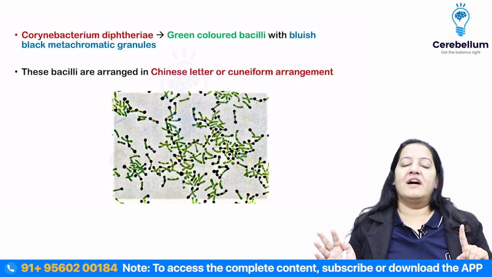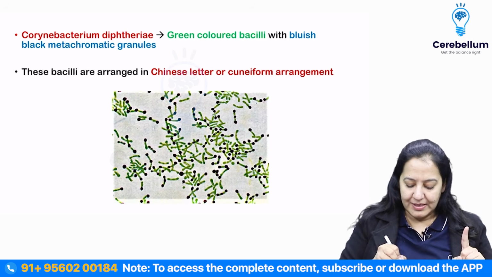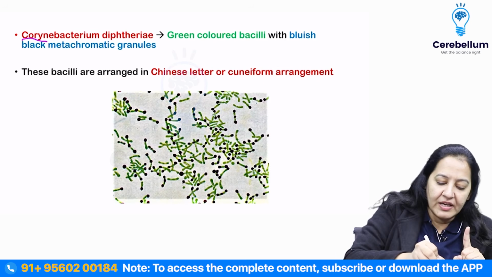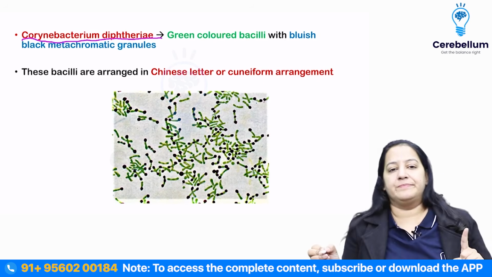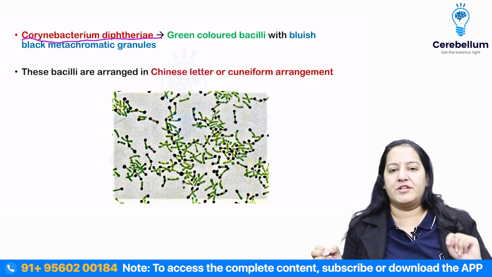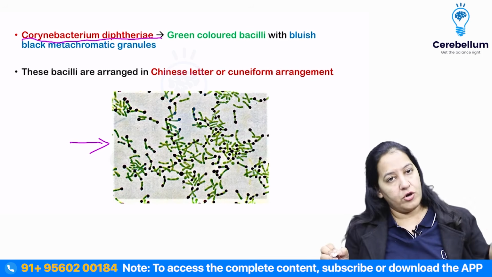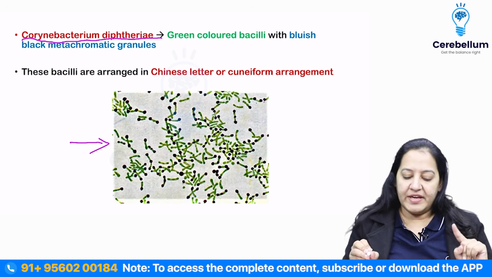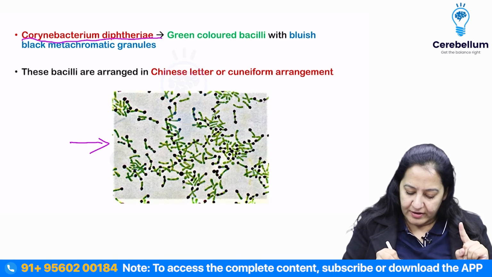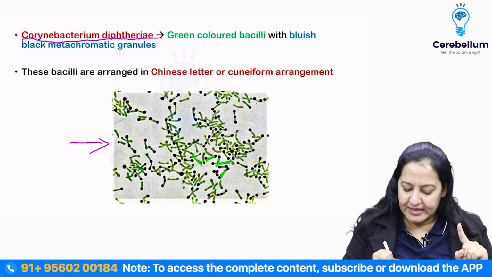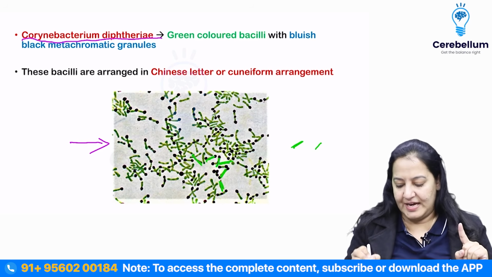Now one of the bacteria having metachromatic granules is Corynebacterium diphtheriae. When we apply Albert stain on Corynebacterium diphtheriae, you can see the bacilli are green color. Can you see the bacilli? It's green color bacilli, all of them, number 1.